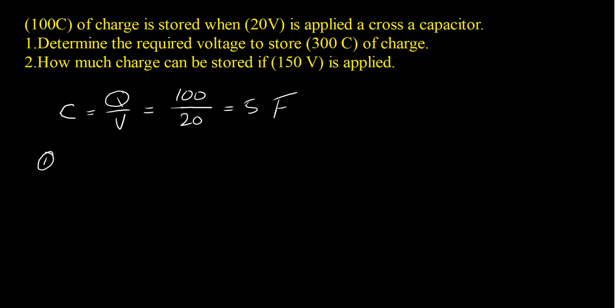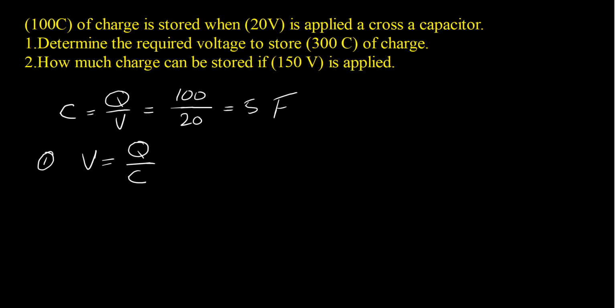For the second part, the first question, he's asking me to find the voltage to store 300 coulomb. So I can rearrange this formula in another form to find the voltage, and it will be Q over the capacitance.